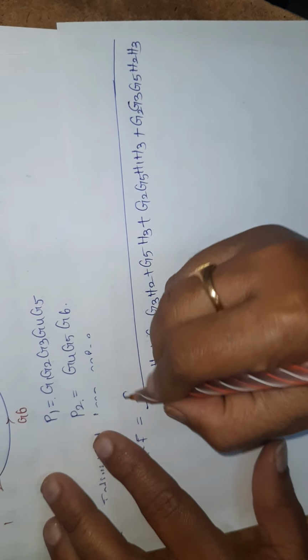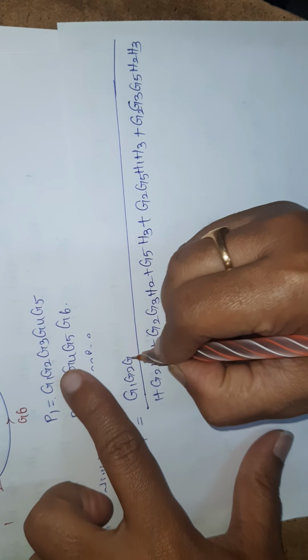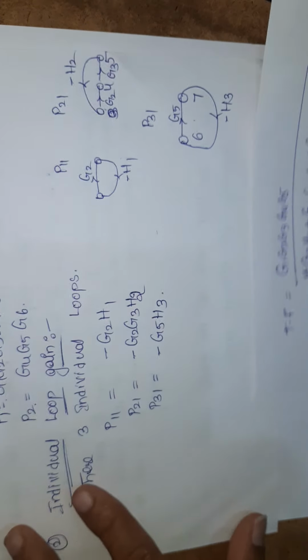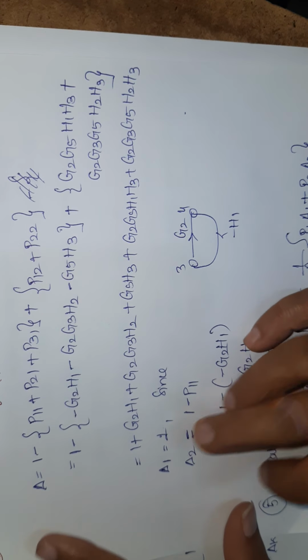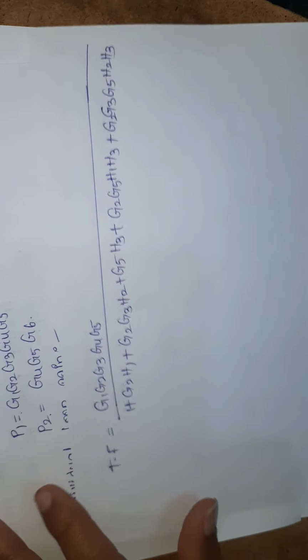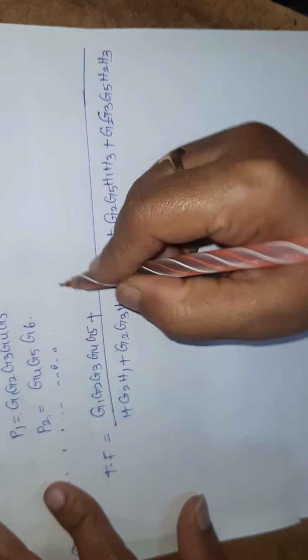P1 is nothing but G1 G2 G3 G4 G5, right? P1 into del 1. Del 1 is 1. Plus, what is P2?